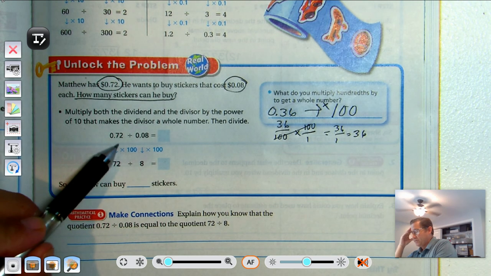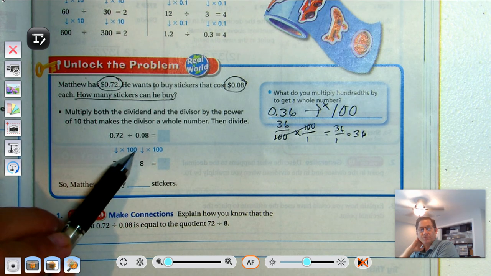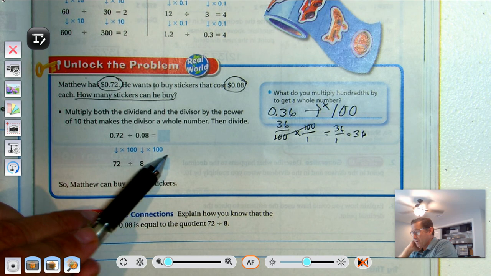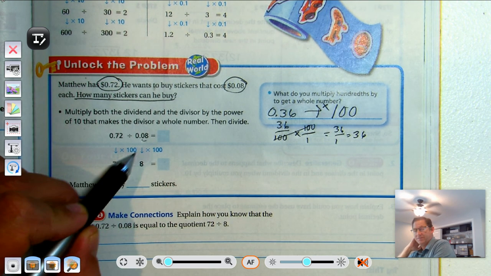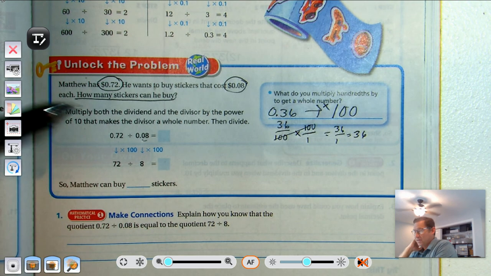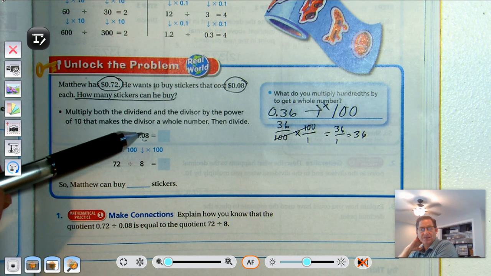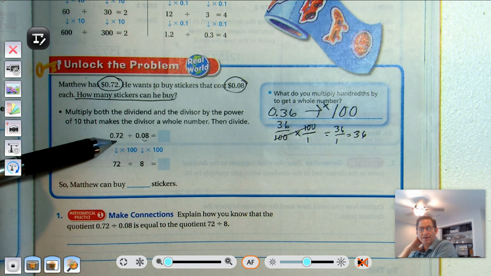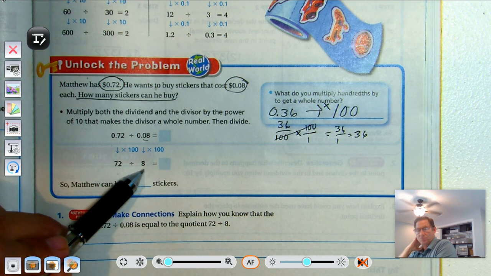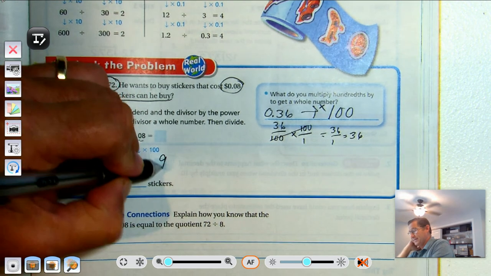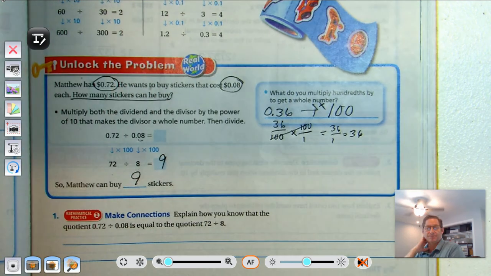Well, if we take that 72 cents and the 8 cents and multiply both of them by 100, because we want to make the 8 hundredths into a whole number, so I want to clear the divisor by multiplying by 100. If I multiply the divisor by 100, I also have to multiply the dividend by 100. So we get 72 divided by 8, which would be 9. So he can buy 9 stickers.